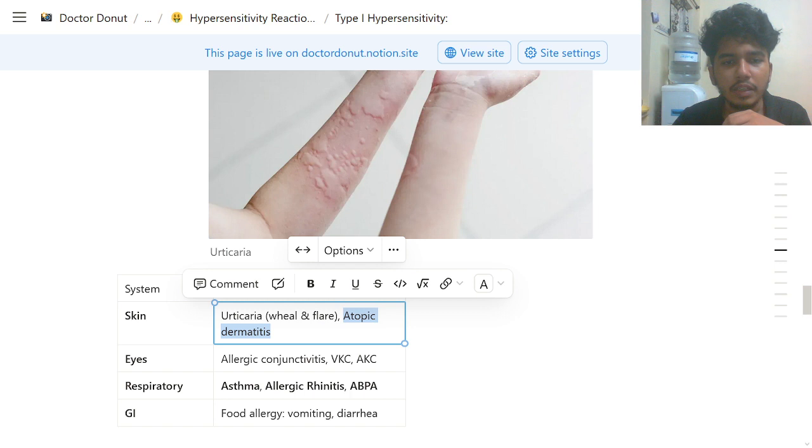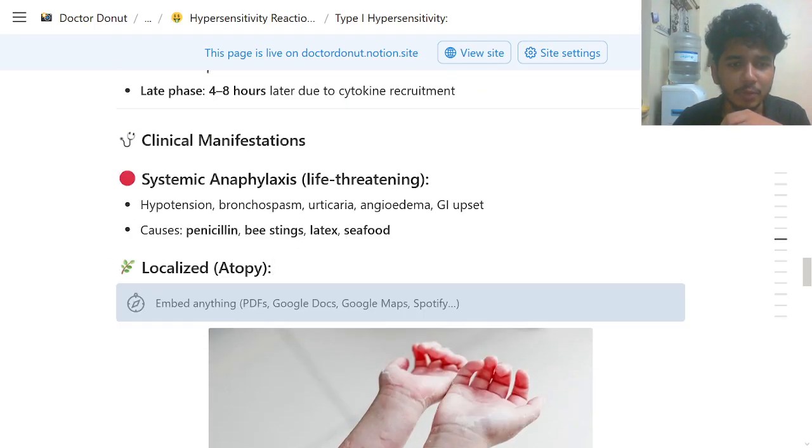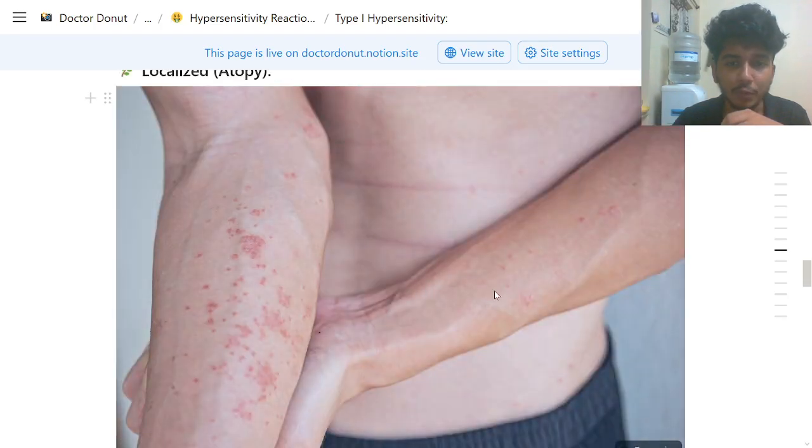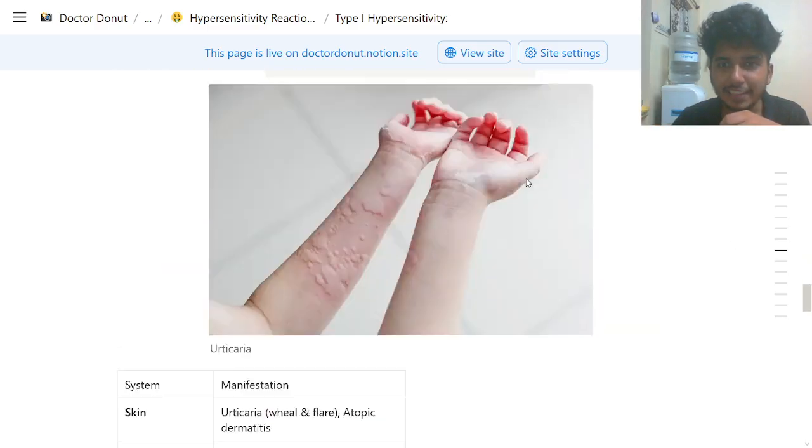Da da da da da. Atopic dermatitis. I have a feeling this is not going to work out well, but I'll keep doing it because I'm a little crazy in the head.